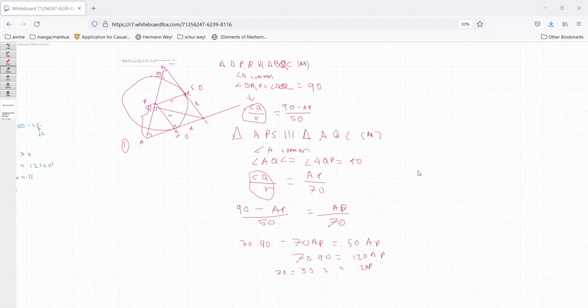Question 5, right? Yeah. There's 1 mark for the diagram. Is this still a 3-mark question or a 4-mark question? No, this is still 3 marks. So sorry, 1 mark for the diagram, 1 mark for the similarity stuff, and 1 mark for the answer.